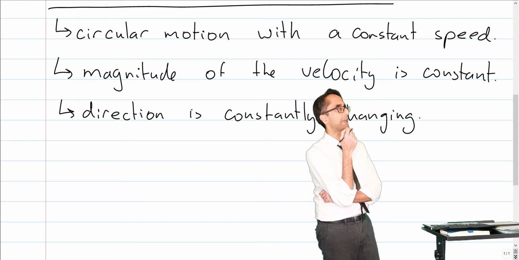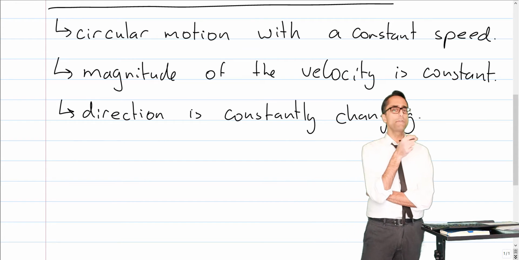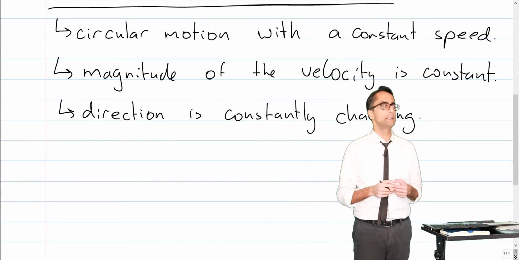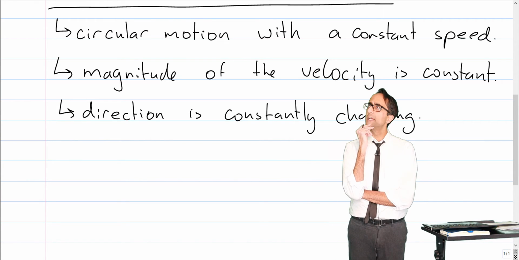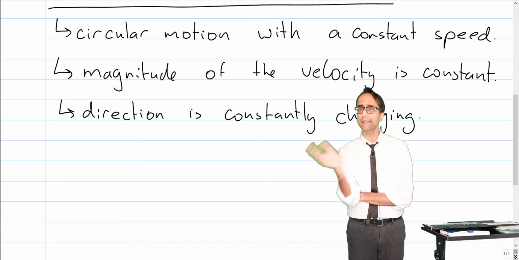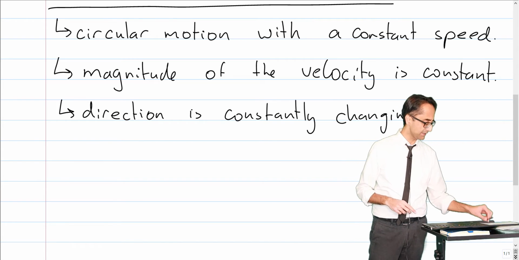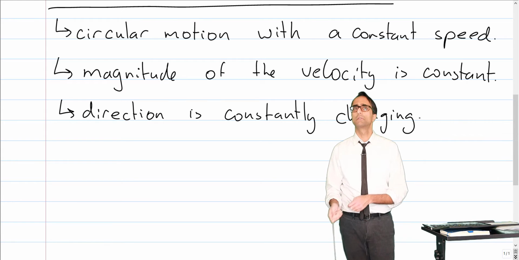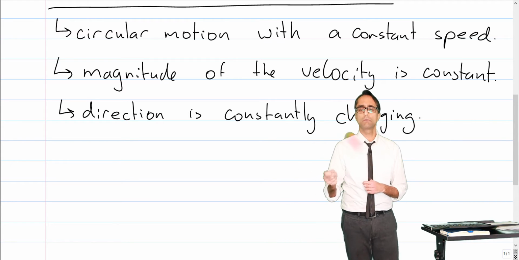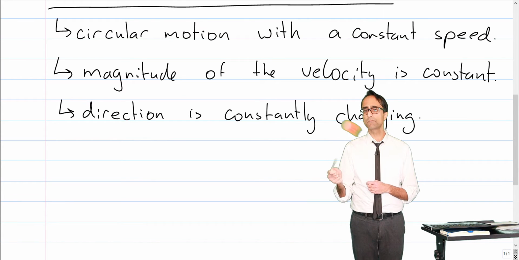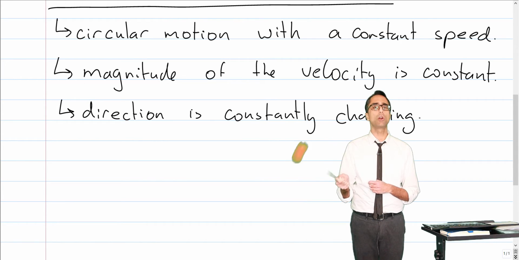We know that the acceleration of an object is related to its change in velocity. And so the question is, if the velocity's direction is changing but its magnitude is not, is there an acceleration? Is there an acceleration of this yo-yo going around a circle, even though right now we're going at a constant speed?